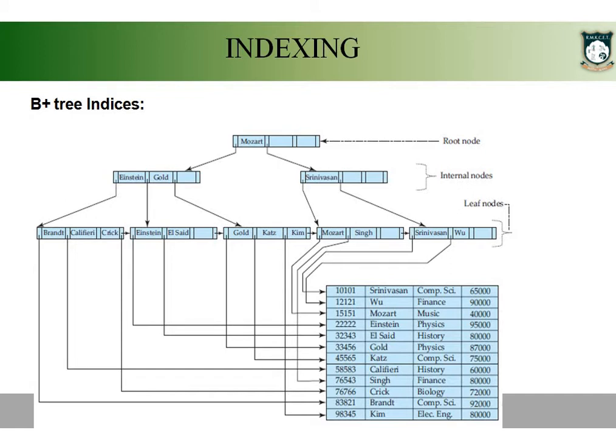The constraint for a non-leaf node is that it should have a minimum of 2 children and a maximum of n children. Now let us be specific and consider a B plus tree of order 3. If the order is 3, then all the leaf nodes should have a minimum of 2 keys or a maximum of 3 keys in them.